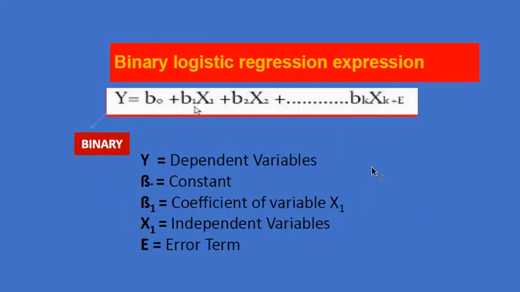Now let's discuss our regression equations based on the binary logistic regression and the multinomial logistic regression. Here is a regression expression representing a binary logistic regression, and you can see that this equation is very similar to what we have seen before.